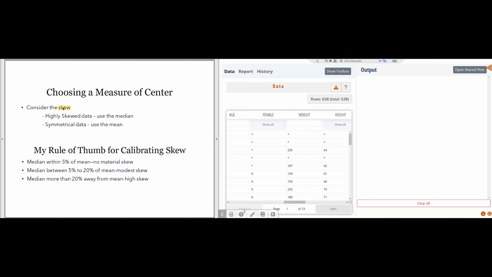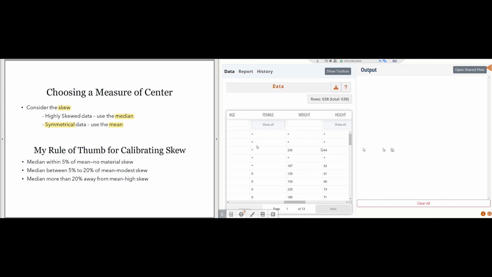If a data set is skewed, that means that there is a lot of data that's far away from the center. If the data is not skewed, that is, if the data is symmetrical, then using the mean is the right thing to do. And in fact, the median and the mean will be the same for truly symmetrical data.